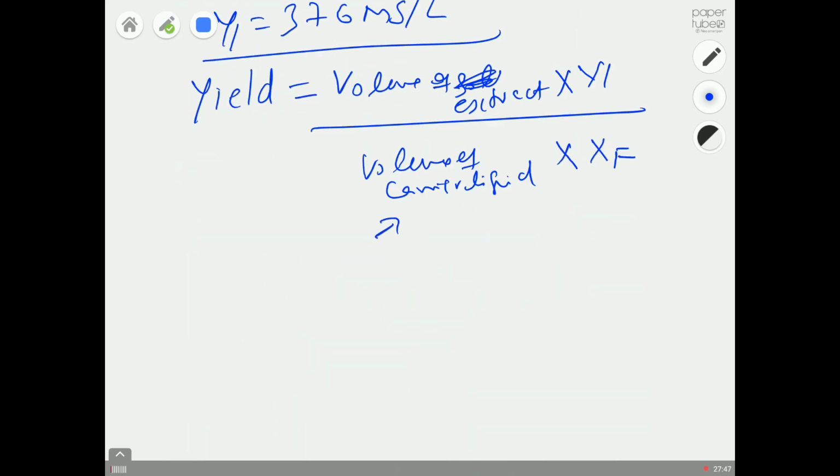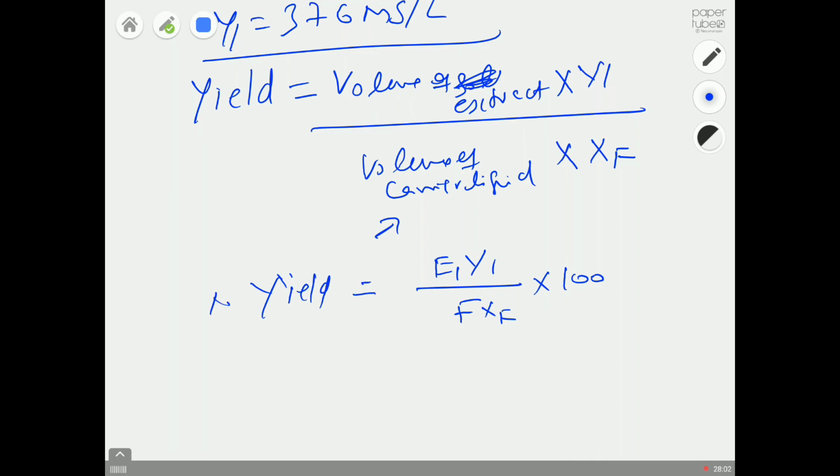The denominator is F xF, and the numerator is E1 y1. Multiplied by 100, that should give percentage yield.